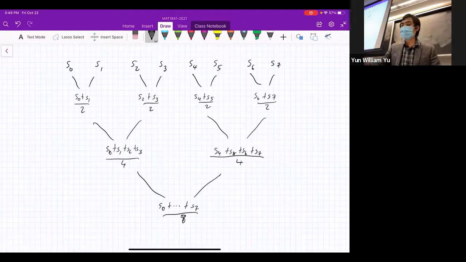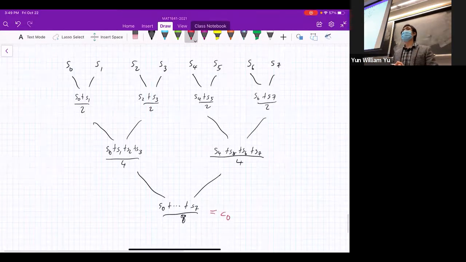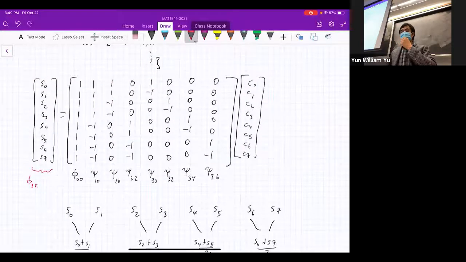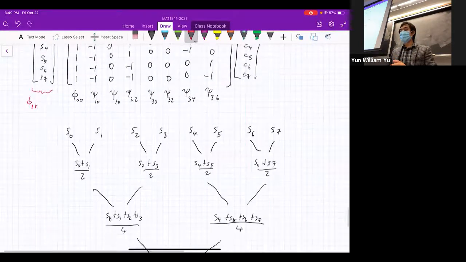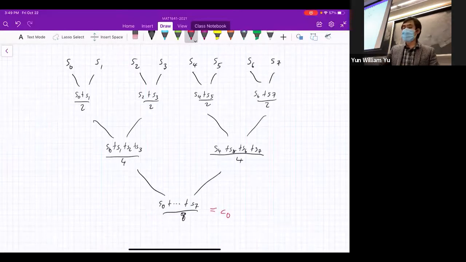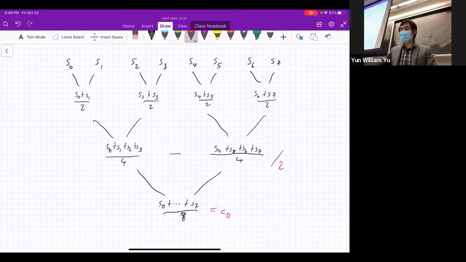And it turns out, and this takes a little bit of thinking, that this thing here is actually equal to your coefficient C0. If you go back and look at how these things all work out when you take the matrix inverse, this is going to be your coefficient C0. If you take this subtraction and divide it by 2, then this is going to be equal to C1.